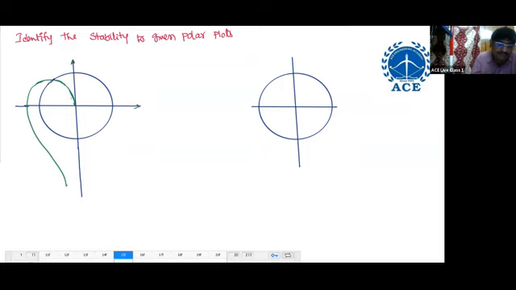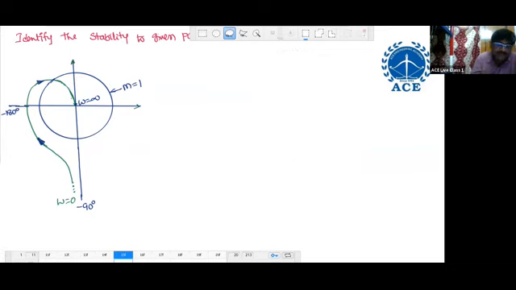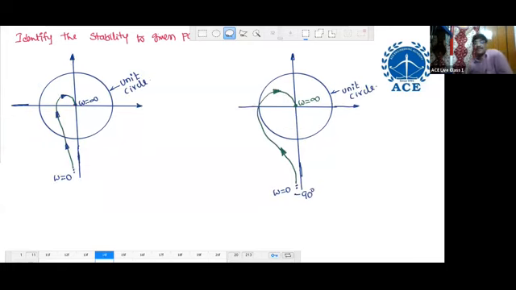Right, come on. This is magnitude 1. Come on, do it. Solve it. First problem. Come on.